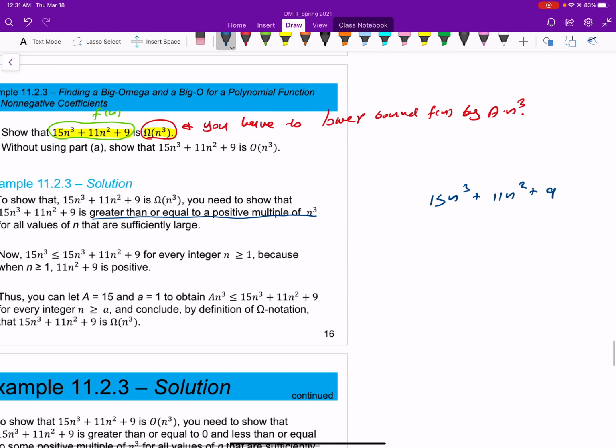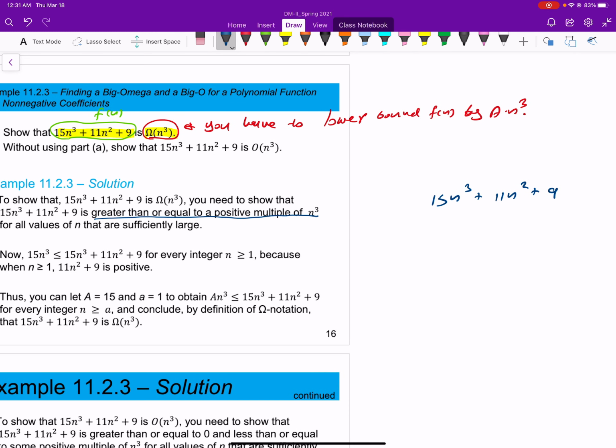That is simply, you could just write 15n to the power 3. This will be a good lower bound. Why is it a lower bound? You could cancel that with that, and the rest is always greater than or equal to 0.